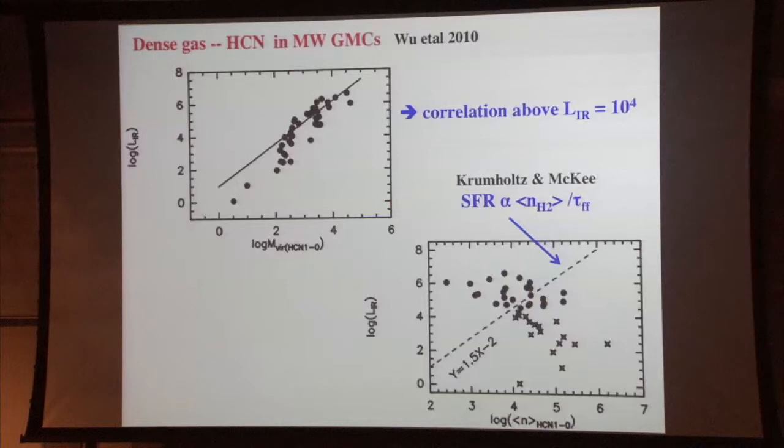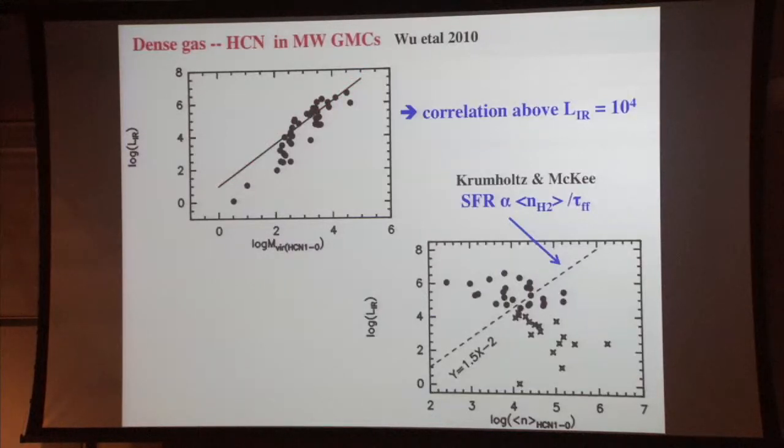Just to finish off Krumholz and McKee, there's a paper by Wu et al., which I hope will be discussed a little bit, where they measured HCN in Milky Way GMCs, and found a correlation between the virial mass and the HCN cores versus the infrared luminosity for this collection of objects, these points here, when you go up to high mass.